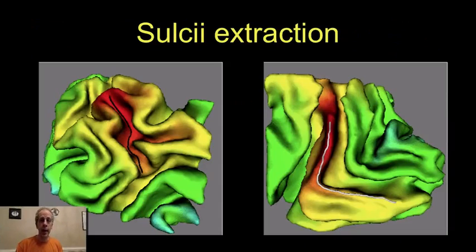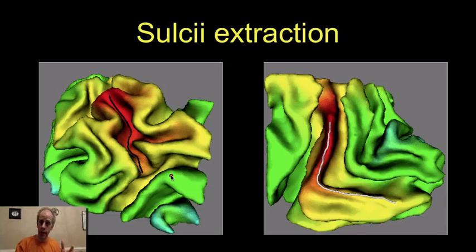These are basically surfaces that represent the gray matter in our brain, in the brain of the subject that went into an MRI scanner. And here we see what are called the sulci. So basically, our brain, our gray matter is folded, and these are basically the bottom of the folds. And for many reasons in neuroscience, these curves are extremely important.